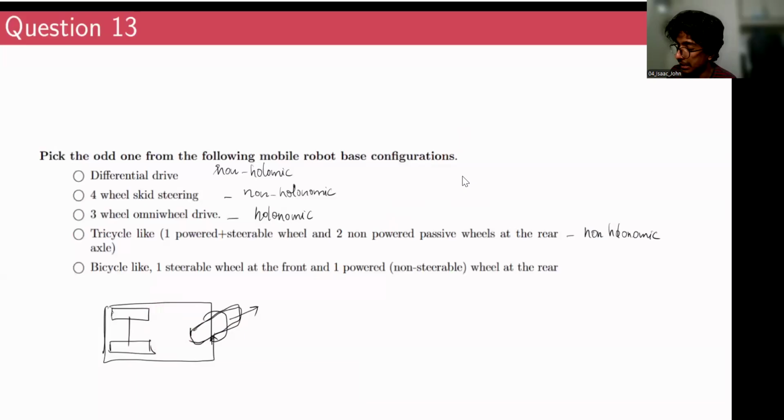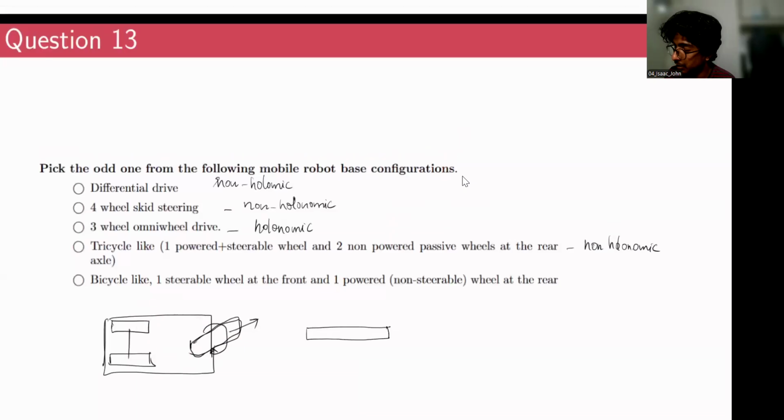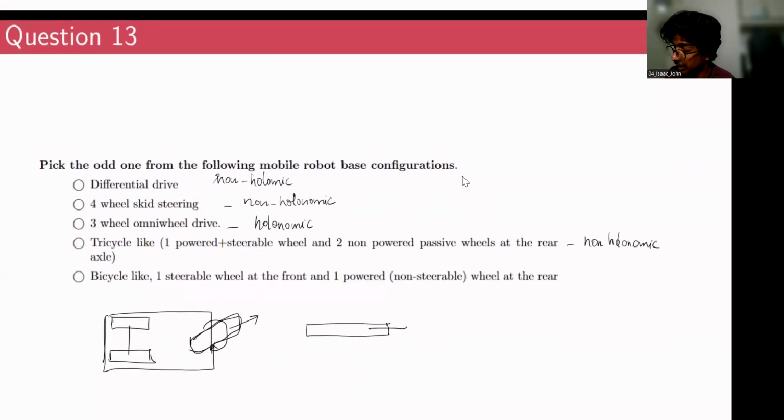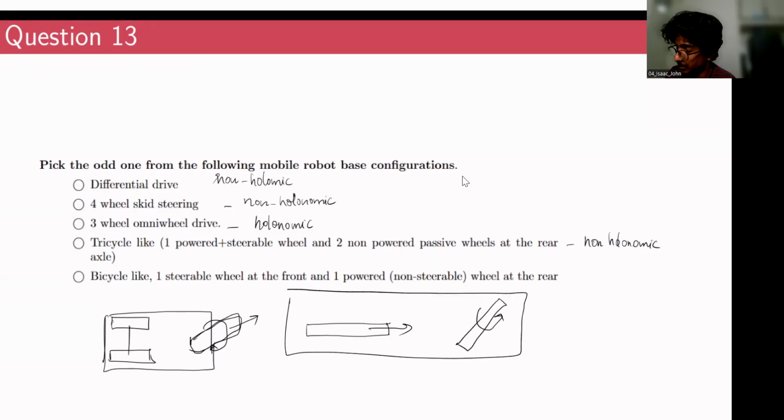And what about a bicycle-like configuration? In the bicycle-like configuration, we have a powered rear wheel and a steerable front wheel. As in case of a bicycle, it can move forward, it can go backward, it can take a curve, but it cannot go in a lateral direction. It cannot also move diagonally, right?